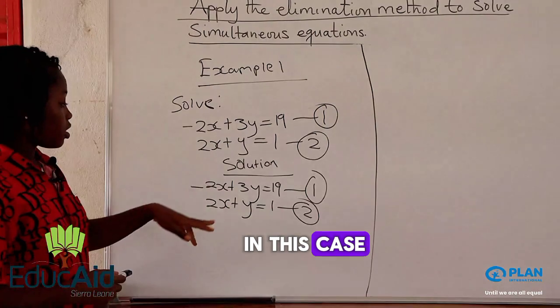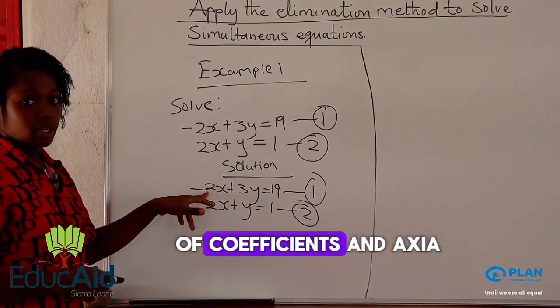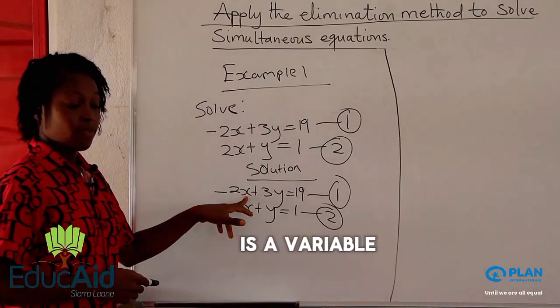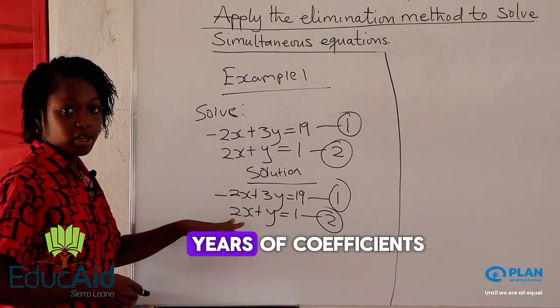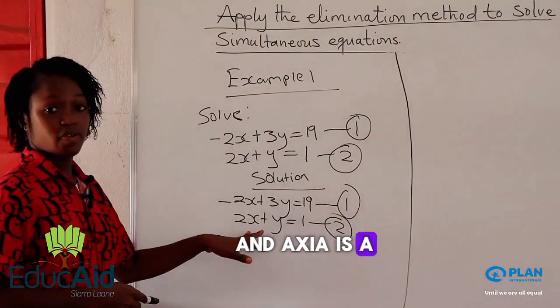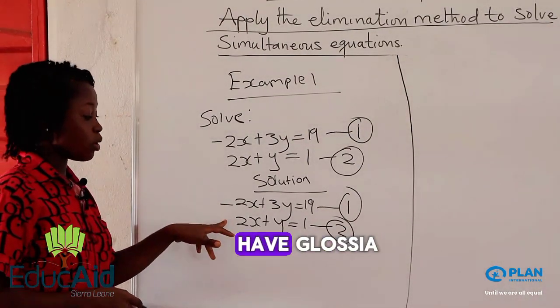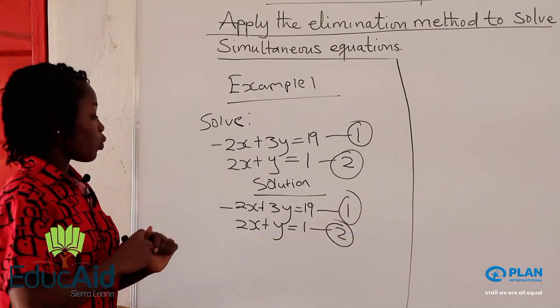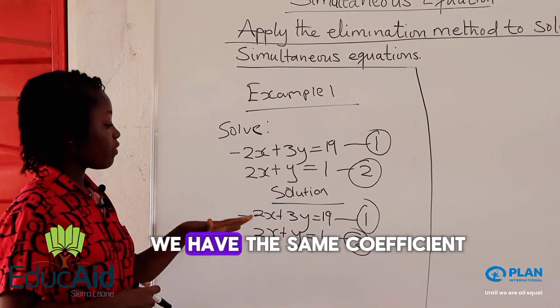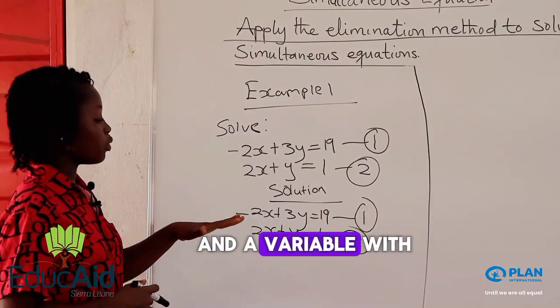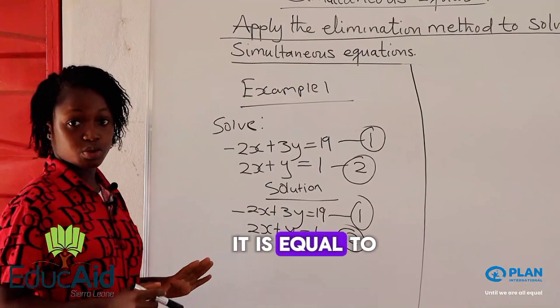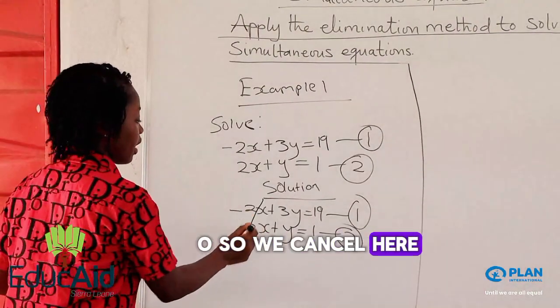So in this case, we have 2 here as a coefficient and x here as a variable. We also have 2 here as a coefficient and x here as a variable with opposite signs. We have minus here and we have plus here. So therefore, we cancel because when we have the same coefficient and a variable with a negative sign, it is equals to 0. So we cancel here.